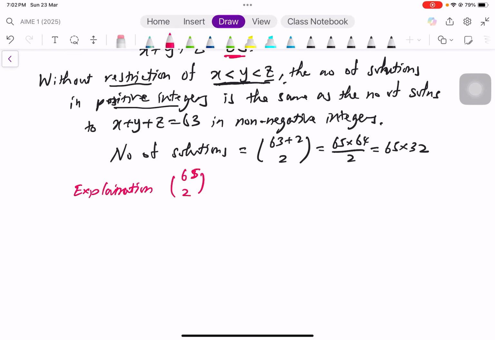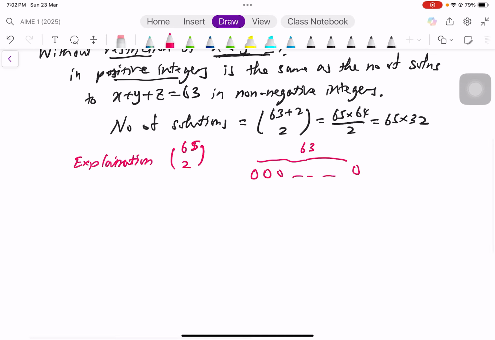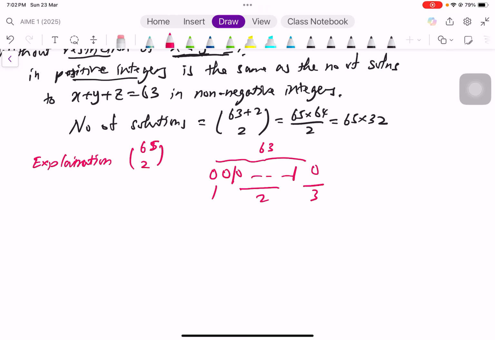That means in this case, basically the coins are identical. Therefore, you have 63 coins, right? And what you need to do is put in 2 bars. Suppose you put them here, and then it becomes pile number 1, pile number 2, and pile number 3. Then it is actually a permutation of 65 objects: 63 coins plus 2 bars.